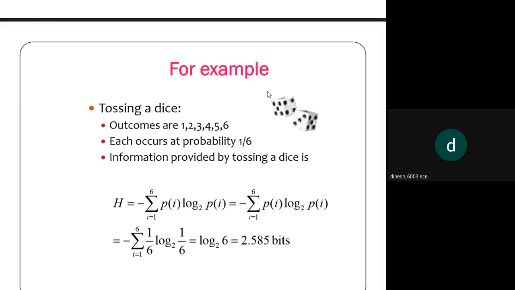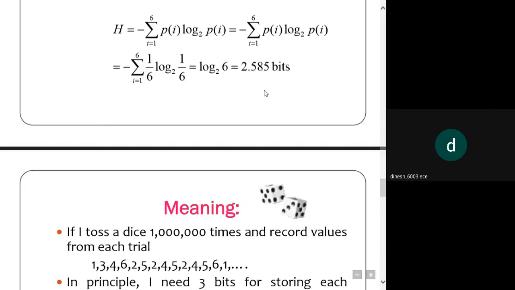So in this example, the entropy function gives us 2.585 bits for tossing a die. This is a good example of tossing a die.